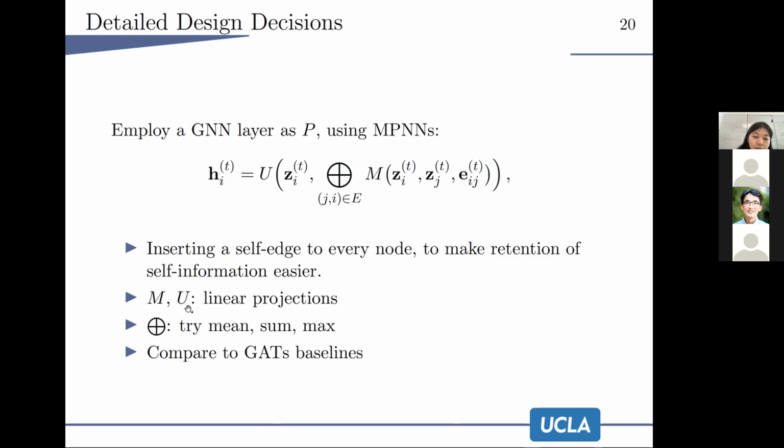I mean, they want every component to be as simple as possible, so as to make it work in all cases. So M and U are once again made just linear projections. And for the aggregator, they tried multiple variants, and later on they compared to GAT baselines.